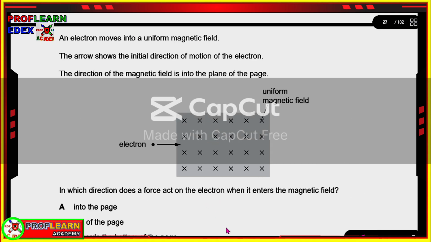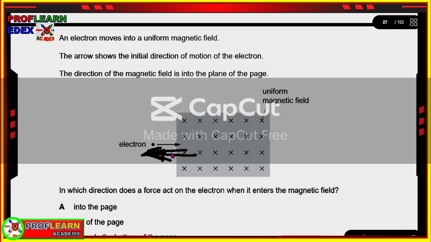An electron moves in a uniform magnetic field. The arrow indicates the direction. So here we're going to use Fleming's left-hand rule. The first finger points to the direction of the field, the second finger to the direction of current. So you are going to use your fingers such that your second finger is in the opposite direction of the electron. Your second finger should be pointing in this direction.